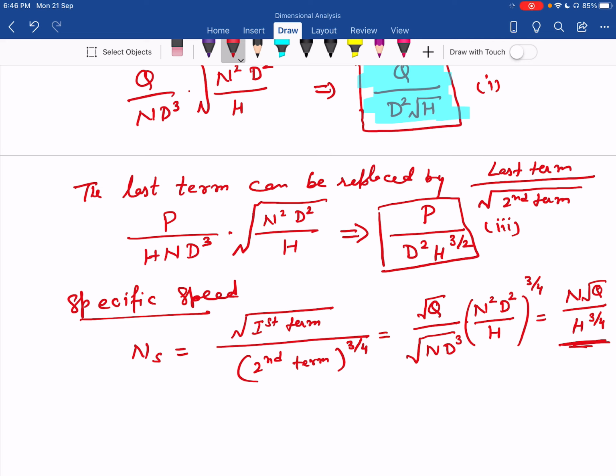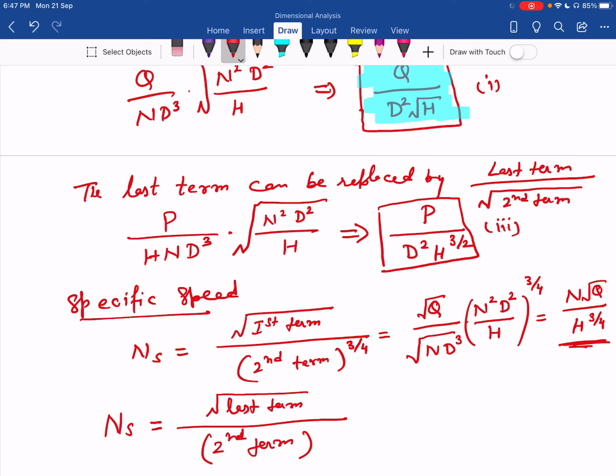Also I can write ns is equal to under root of last term divided by second term raised to power 3 by 4. So this comes out to be under root of p under root of h n d cube into n square d square upon h raised to power 3 by 4.